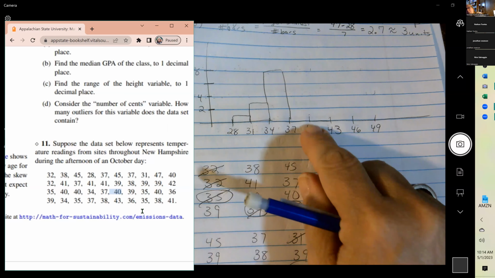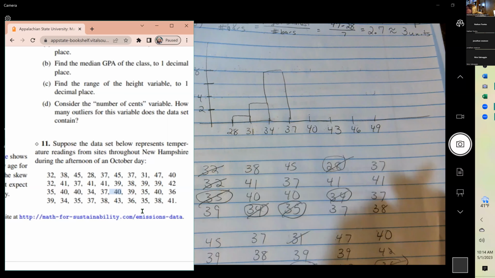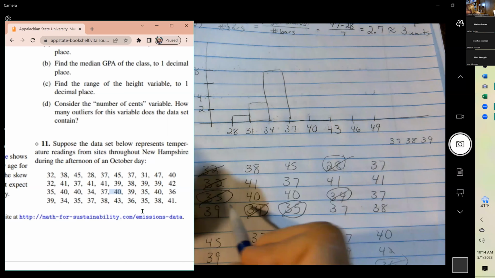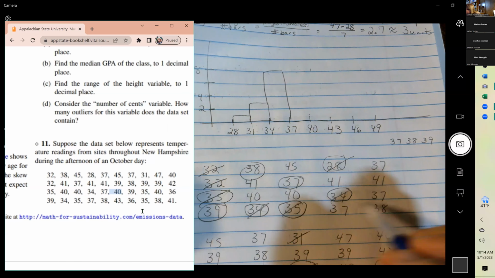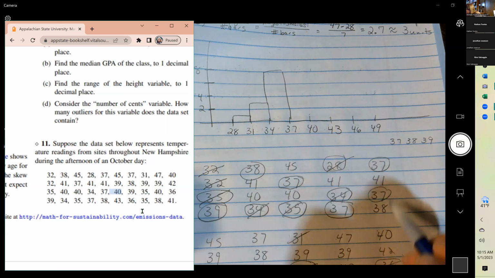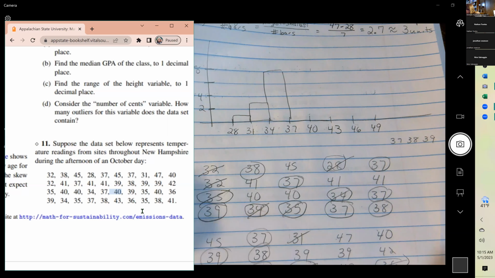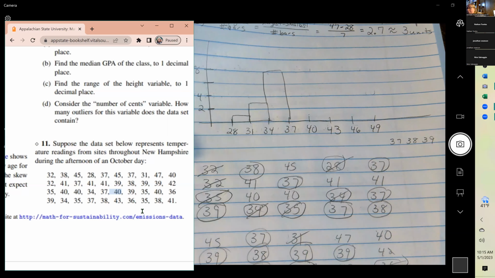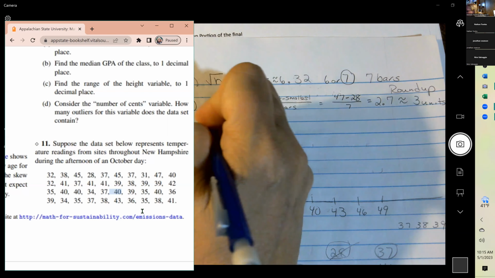So remember, whatever numbers here is in the following one. 37 up to, but not including 40, which means 37, 38, and 39.